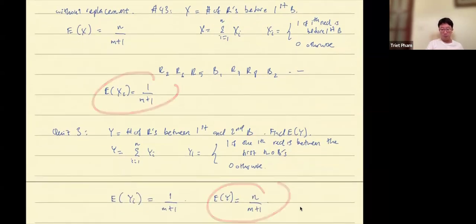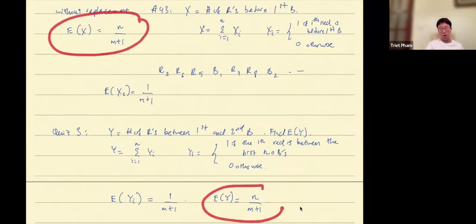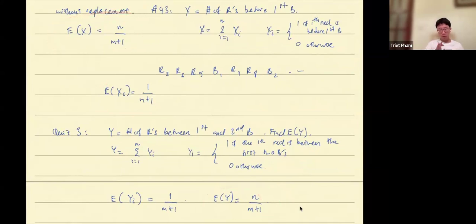They would have the same probability distribution as well, even though it'll be hard for us to write down what the distribution is. That's why we're not writing it. But they have the same everything: same variance, same expectation, same probability distribution. The only thing is that they are not independent.